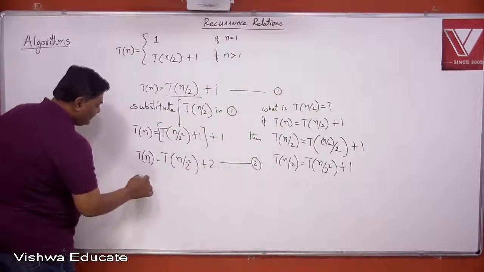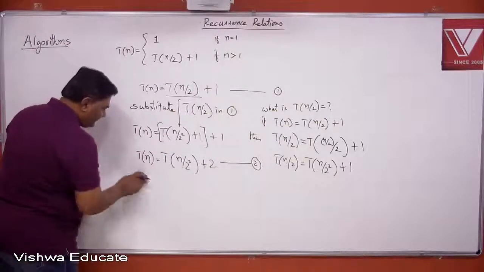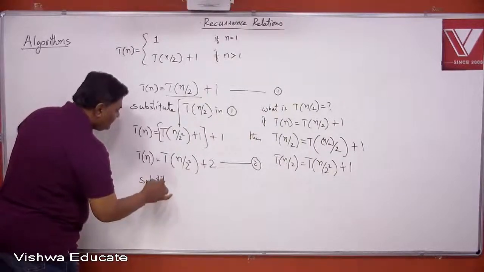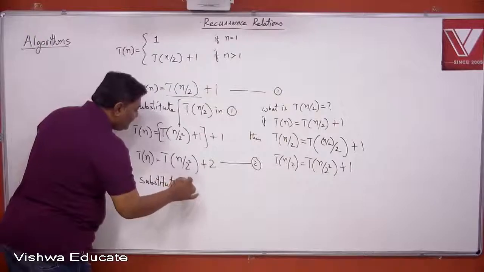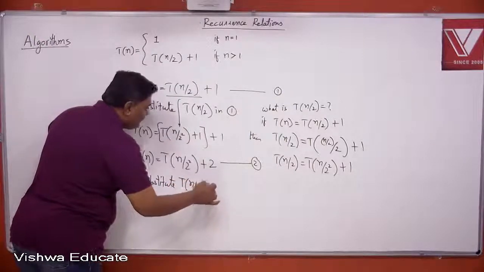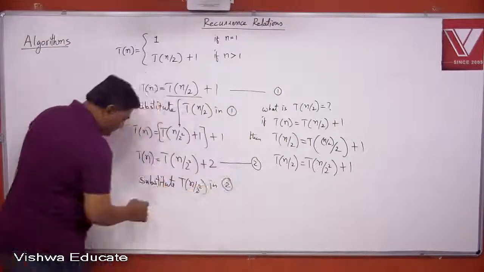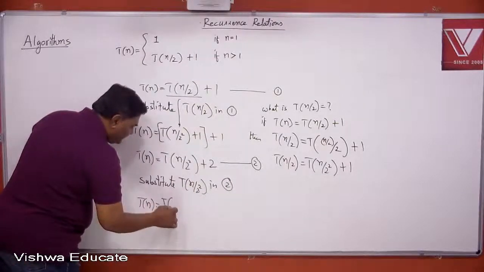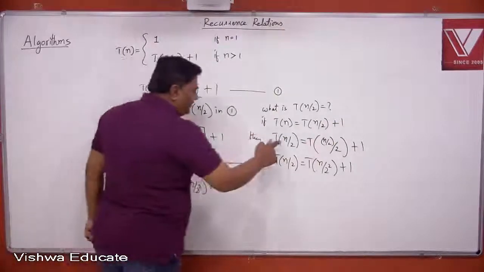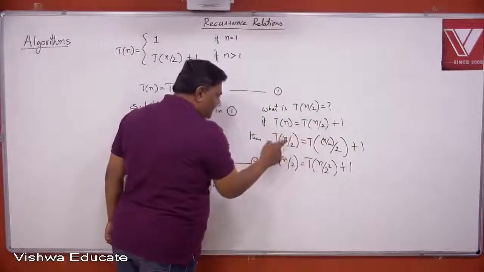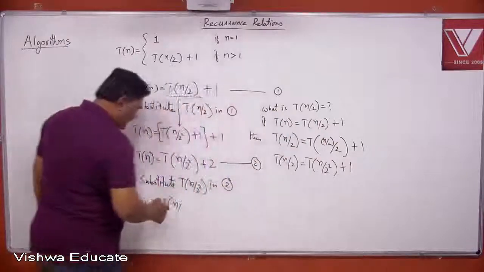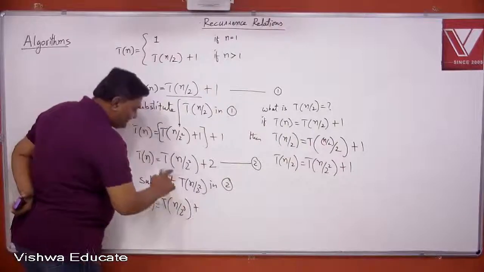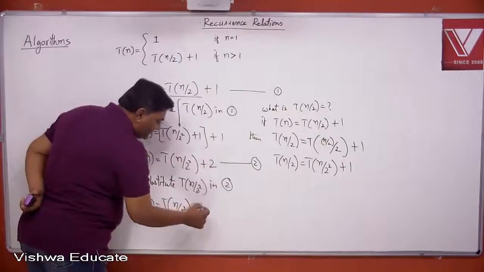Then T(n) is equal to, okay, substitute T(n/2 squared) in the second equation. So this will be T(n) is equal to T(n/2 cube), because when this was n/2 it became n/2 squared, then n/2 squared becomes n/2 cube, then plus one more 1, and already 2 is there, so we get 3.